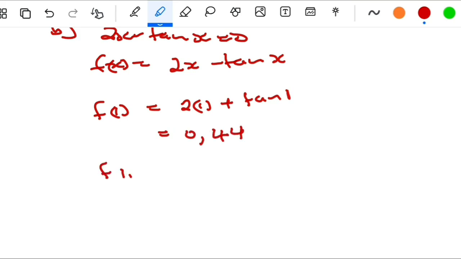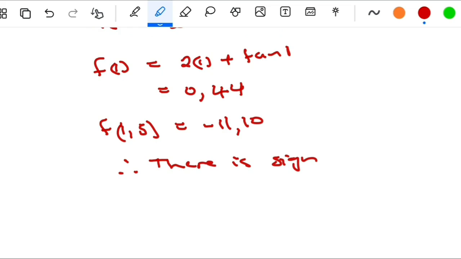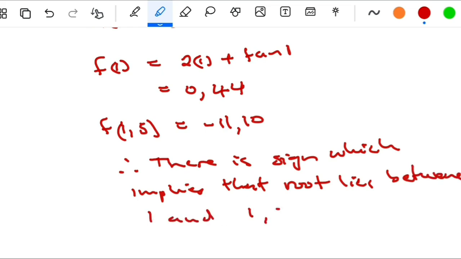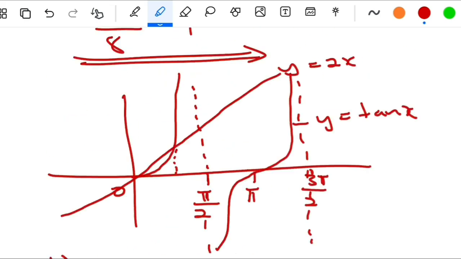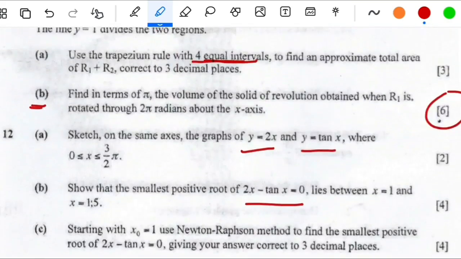Then f of 1.5 is going to give you negative 11.10. So therefore there is a sign change, which implies that the root lies between 1 and 1.5. Okay, so this sign change is a way of checking if a root lies between two values.